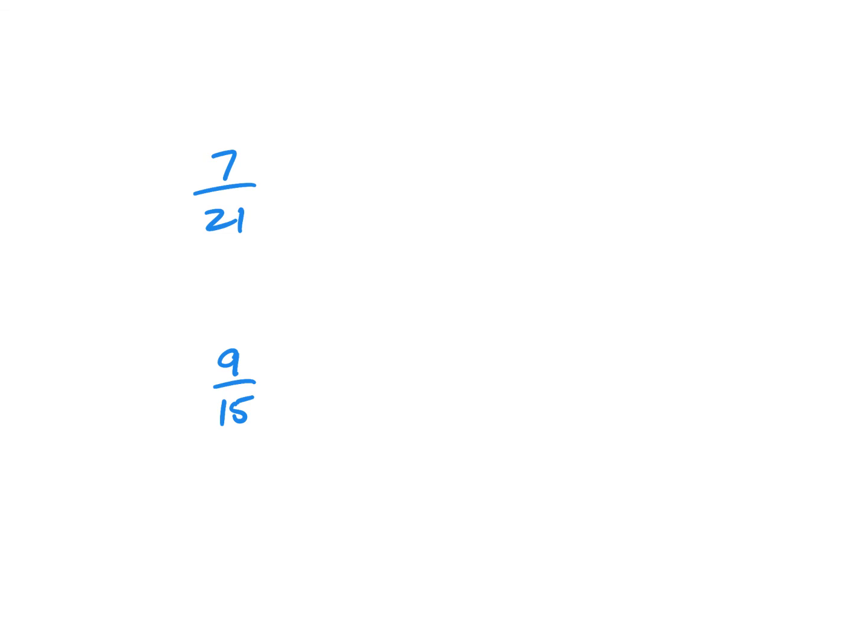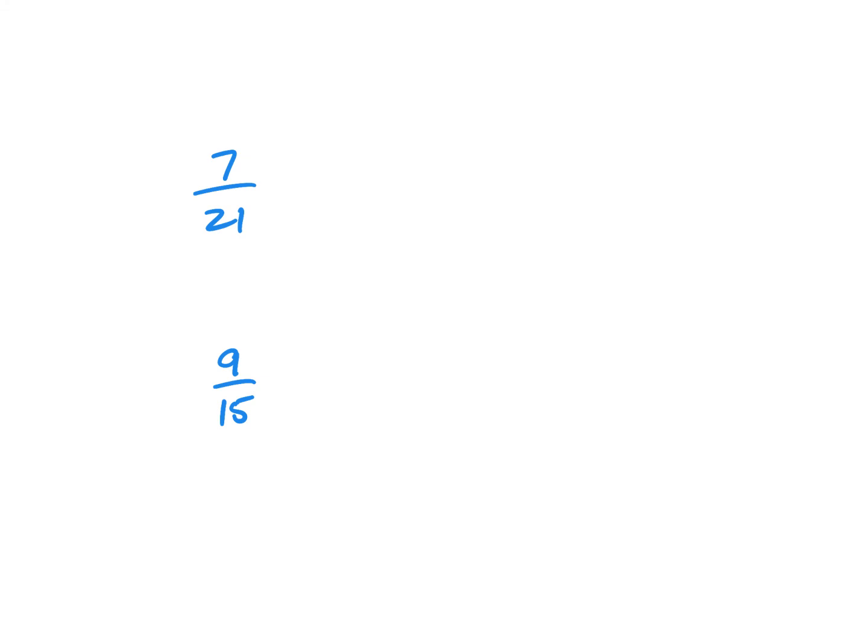Alright, but what about these two fractions, 7/21 and 9/15? What are we actually going to do with those particular fractions to reduce them to their simplest form? Well, 7/21 obviously is not an even number, but 7 and 21 are multiples of 7.